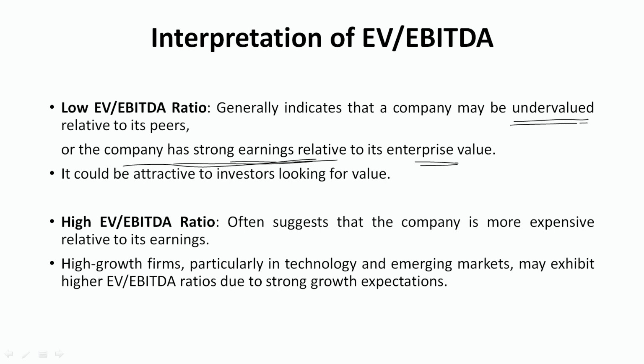So there are two ways you can have a low EV to EBITDA. If EBITDA is very high, it means the company's earnings are very high, but it is not reflected in the enterprise value. The second case is when the enterprise value is lower in comparison to the earnings. So it means an undervaluation in comparison to the competitors.